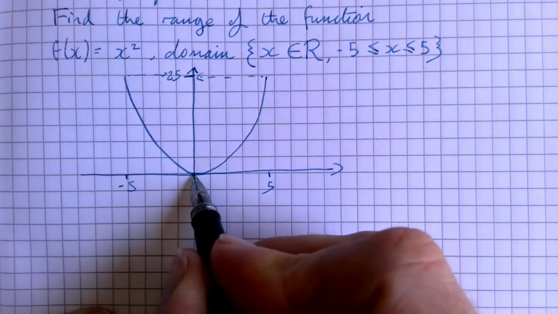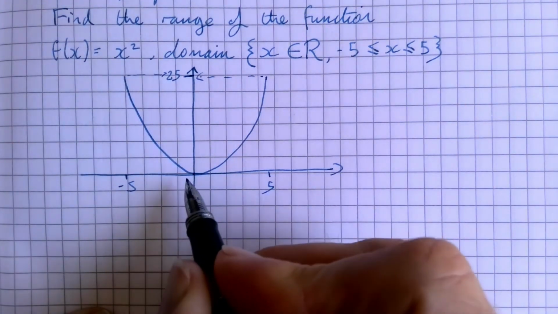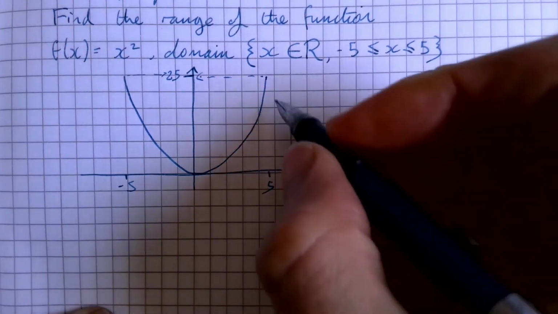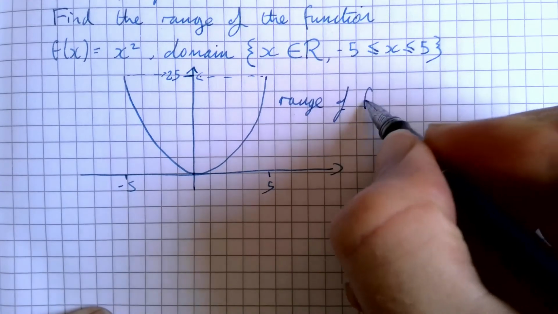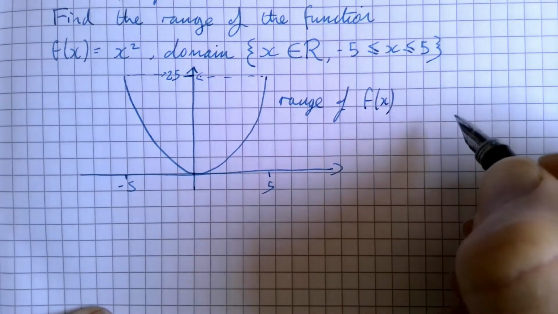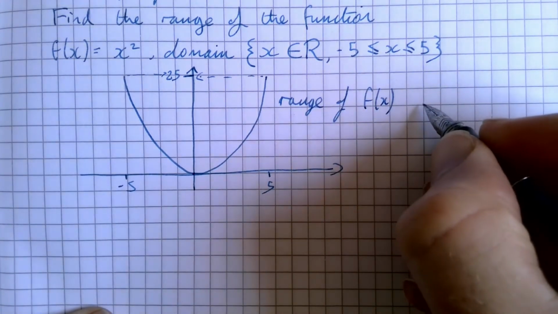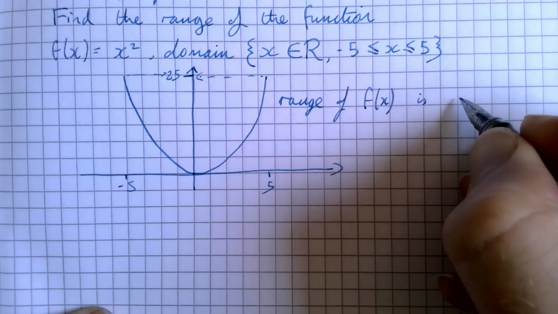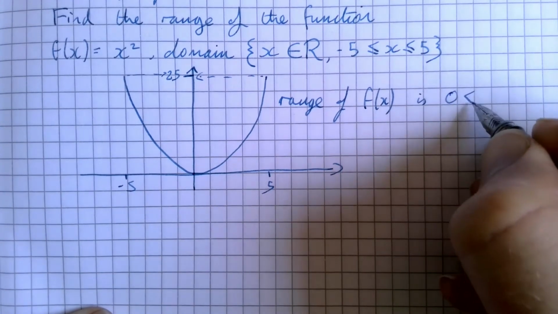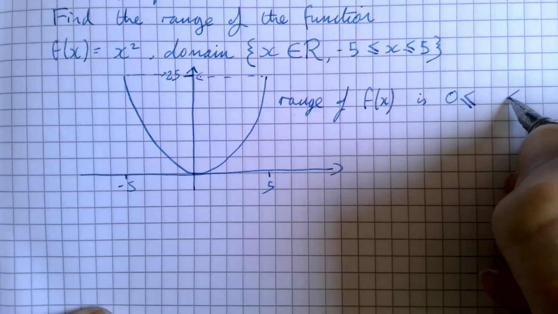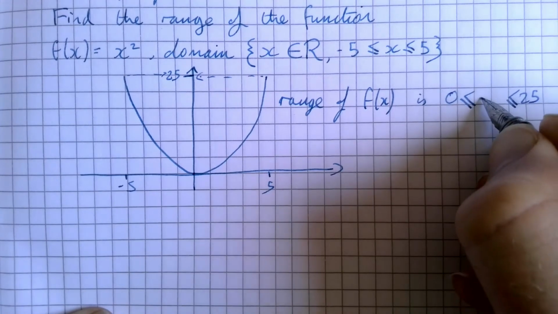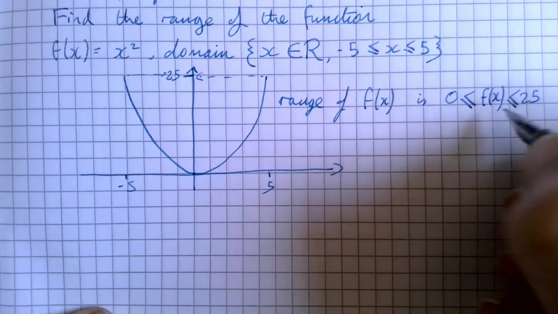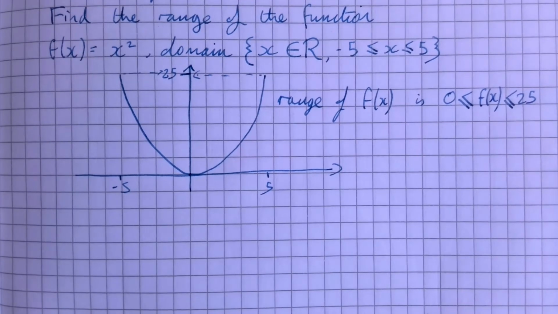The smallest possible answer that we're getting is 0, so the range of f of x is going to be, and we can use inequalities to do this, from 0, bigger than or equal to, up to 25, and it's the function of x that we're popping in there because it's like our y value on the graph.